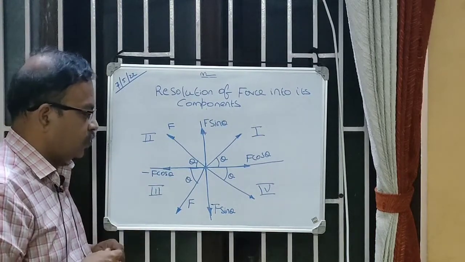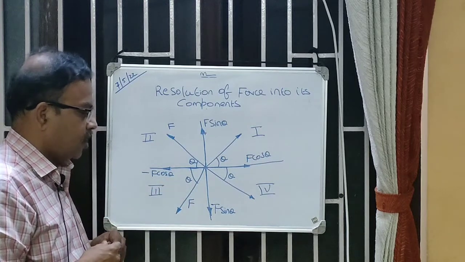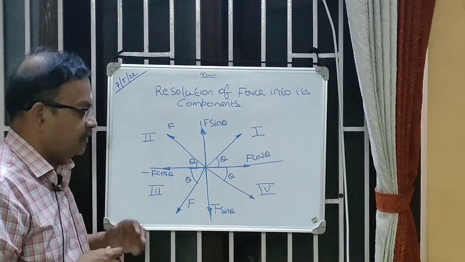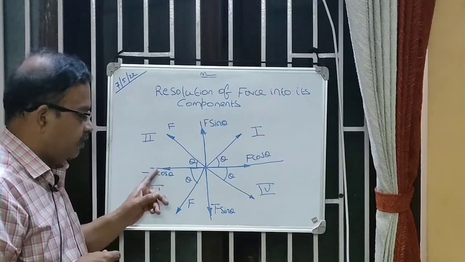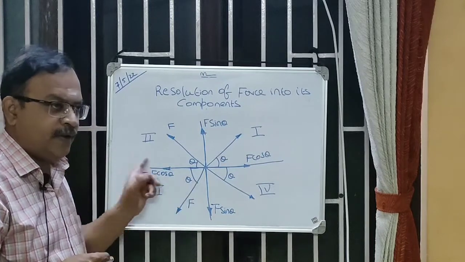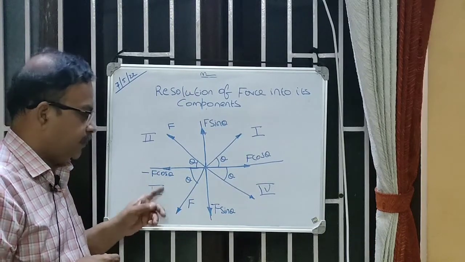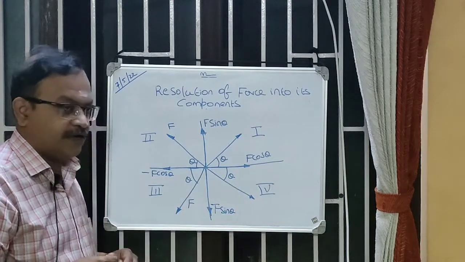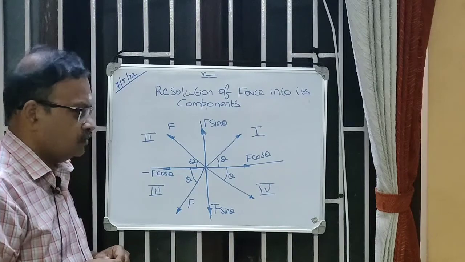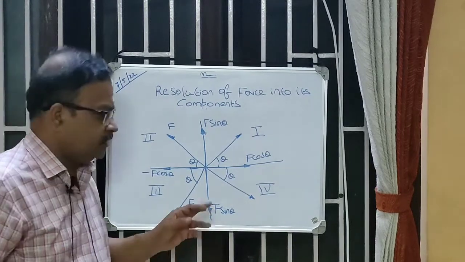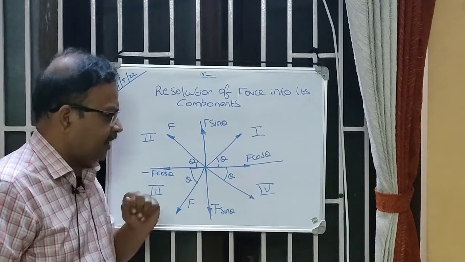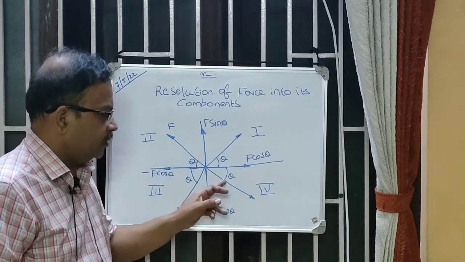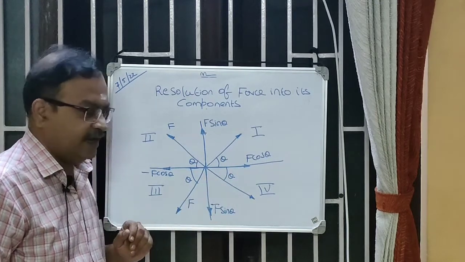Now going to the third quadrant, the same force F acts outwards. If you resolve this into two components, it will be minus F cos theta since it is acting towards the left, whereas minus F sin theta since it acts vertically downwards. The same force, if it is acting in the fourth quadrant, makes an angle of theta with the x-axis.